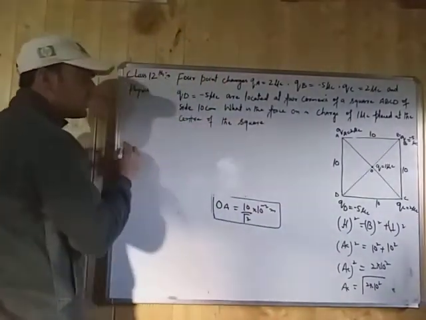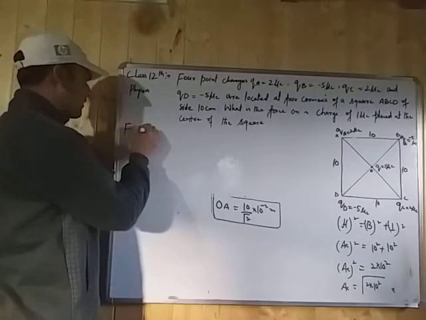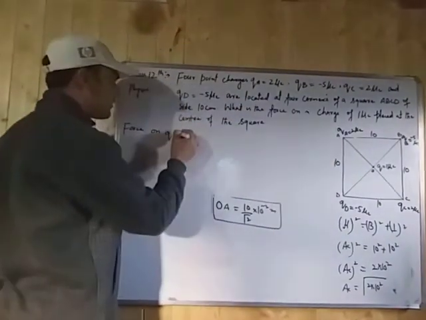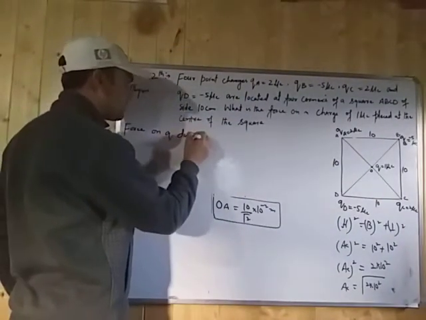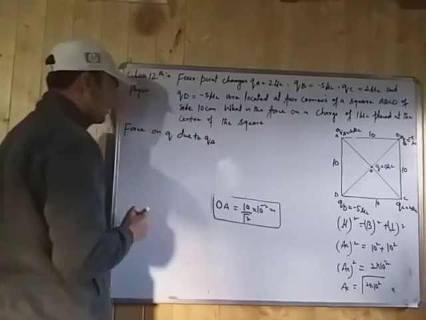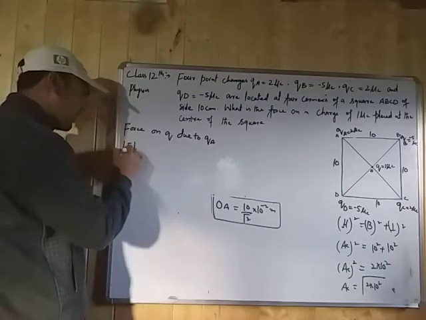So first of all, we'll calculate the force on Q, meaning the force on this charge due to QA, and we write it as F1, the magnitude of F1.